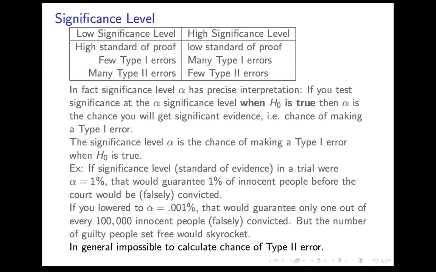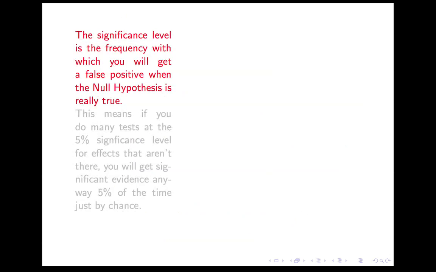If the alternate hypothesis is p is greater than 0.5, p could be a little bit greater than 0.5, in which case it's going to be easy to make a type 2 error. Or p could be way greater than 0.5, in which case it's going to be hard. So anything you can say about your chance of making a type 2 error is a complicated calculation which uses a lot of assumptions beyond the realm of this course.